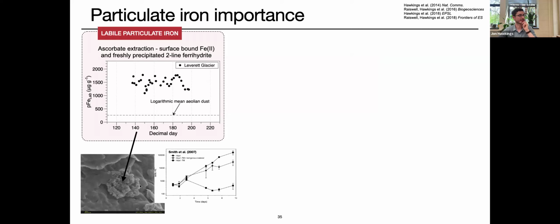It's highly reactive anyway. The concentrations on the sediments are up here, and I plotted that next to a mean aeolian dust value that we generated from a number of sources around the globe. They're pretty high concentrations of ferrihydrite, 1,500 micrograms per gram, 0.15 weight percent of the glacial flour itself.